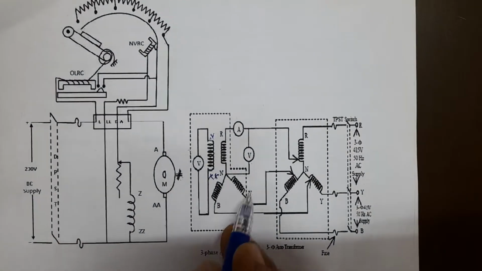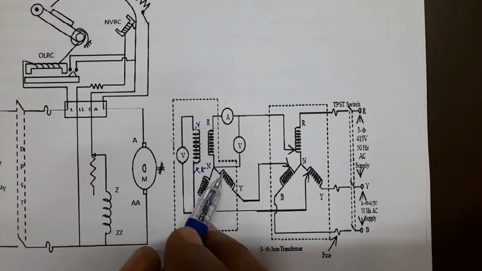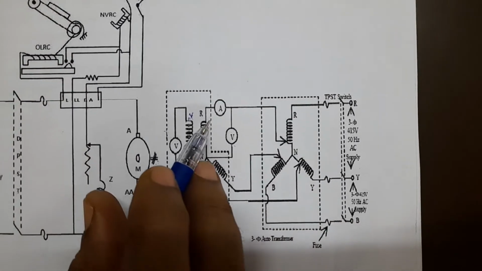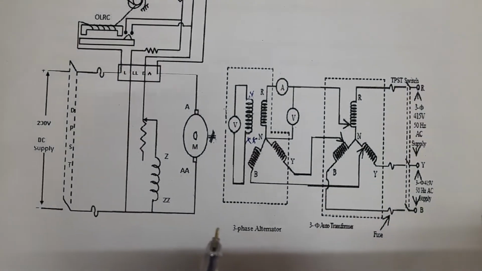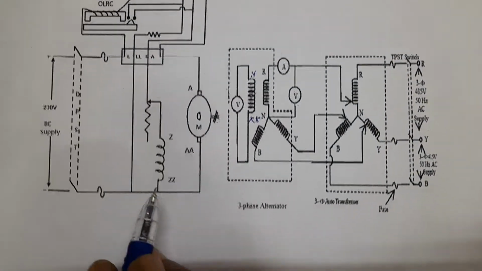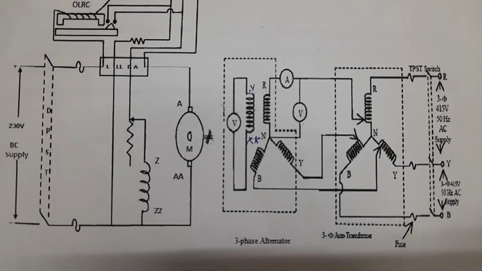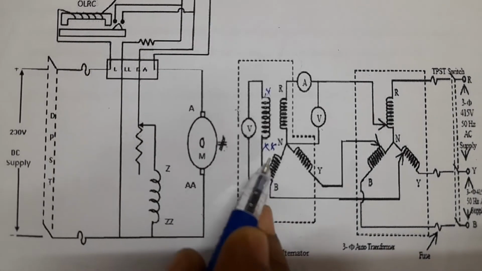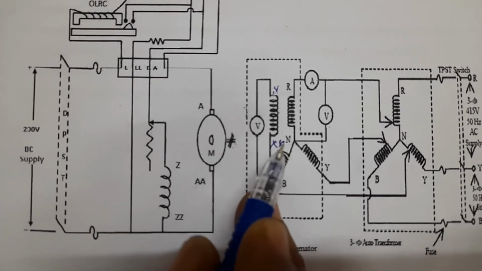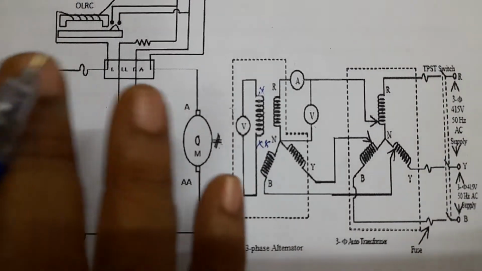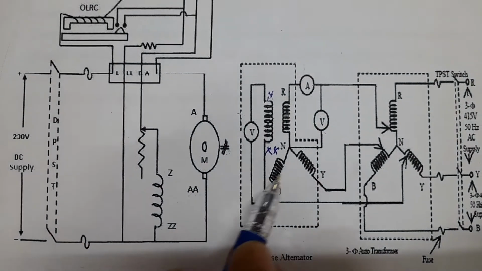Now coming to the alternator, we need to measure the armature voltage and armature current. In order to observe the saliency nature of this alternator, we need to give a reduced voltage, and the machine is to be run at a little less speed, almost 10 to 15 rpm difference to that of synchronous speed.